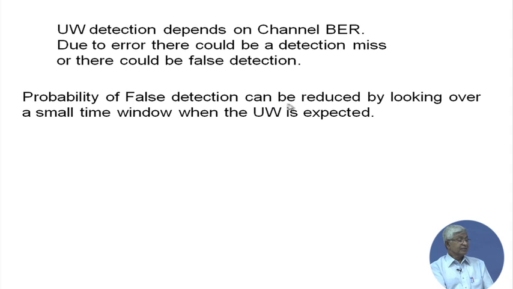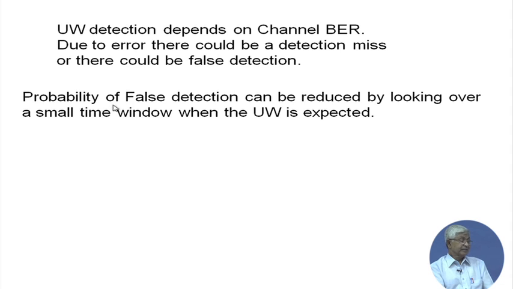The probability of false detection can be reduced by reducing the window through which you check, because the unique word is not always happening. It is expected after a frame time, and the frame size is known to you. Therefore, you can generate a time window.